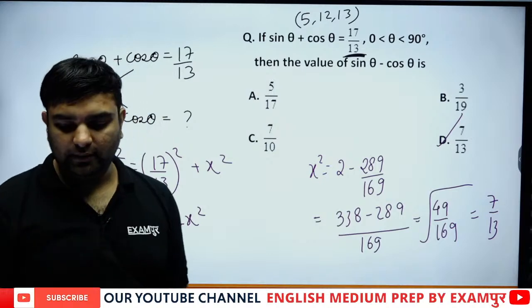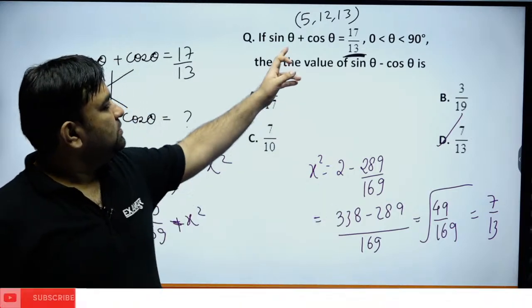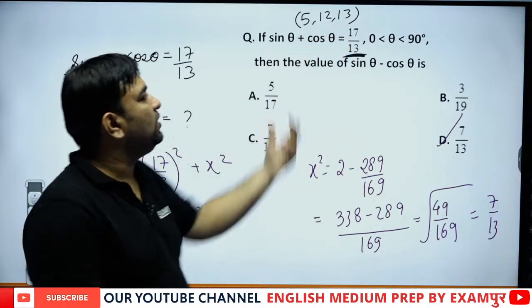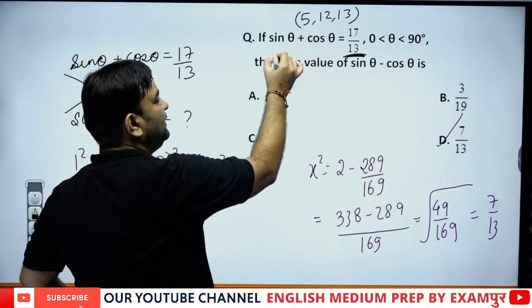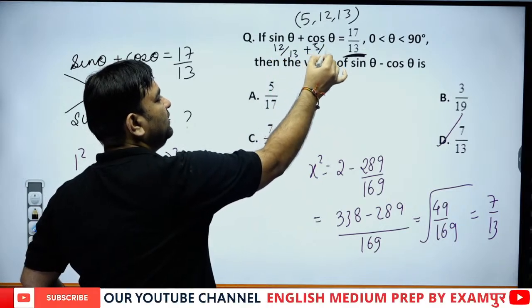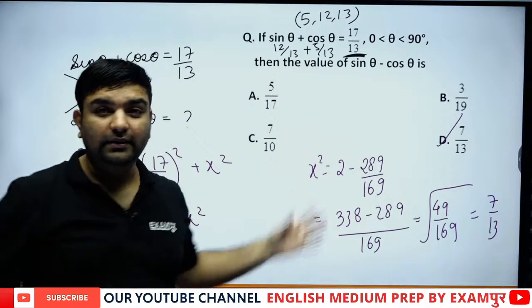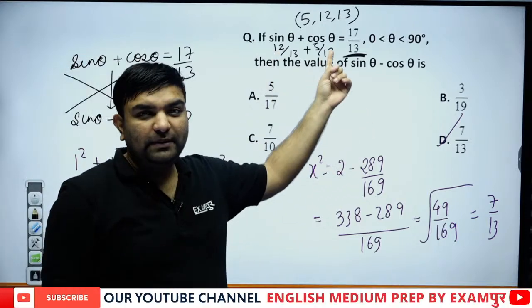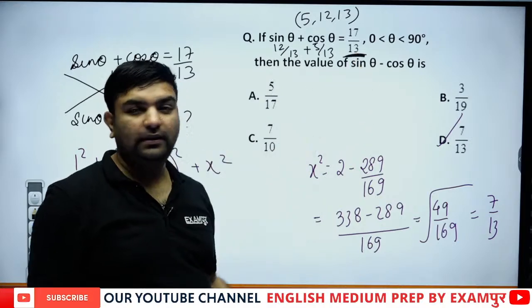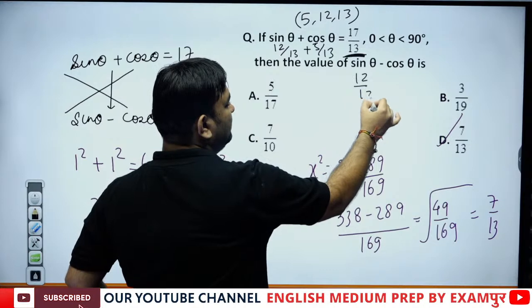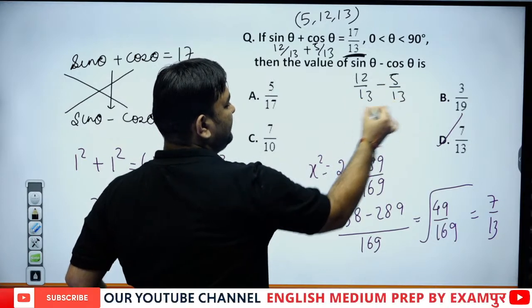Let's suppose sine is 12 by 13 and cos is 5 by 13. Is it satisfying? Yes, it is. 12 by 13 plus 5 by 13 is 17 by 13. So what is going to be their difference? 12 by 13 minus 5 by 13 is 7 by 13.